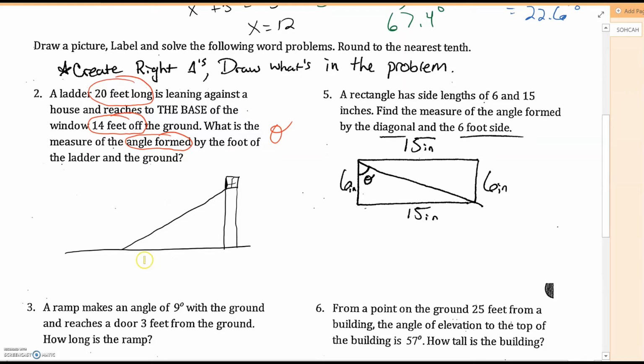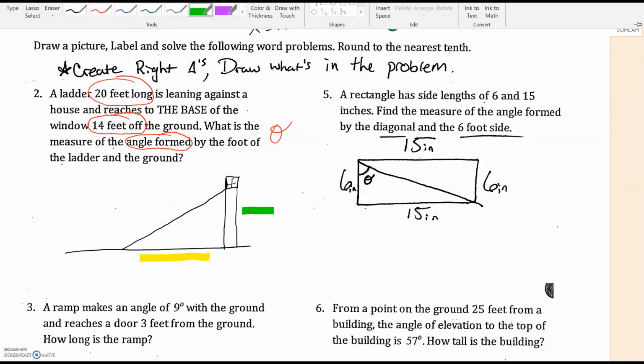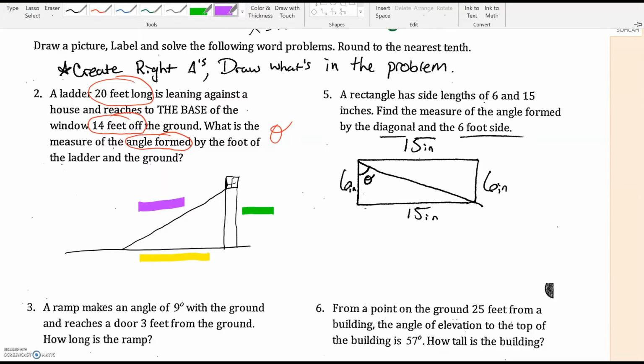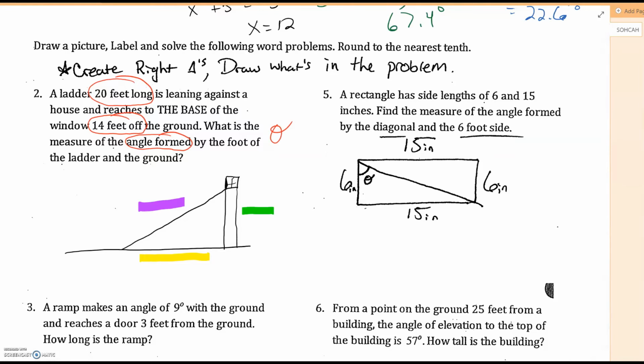So I have a yellow spot here that represents the distance. I have a green spot here, a purple spot, and I have a blue spot. So that's the angle.